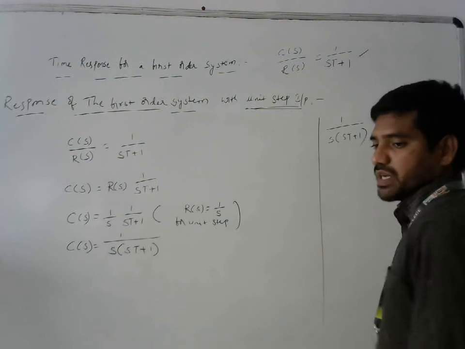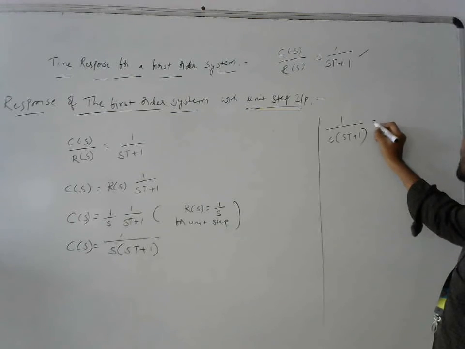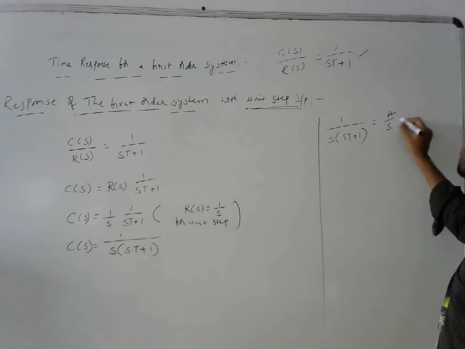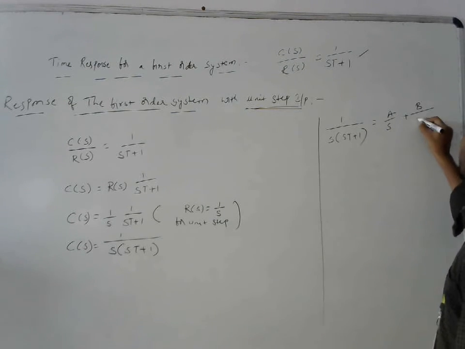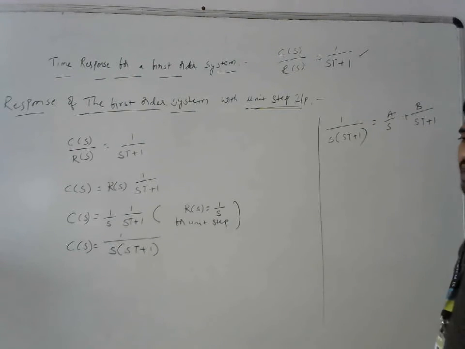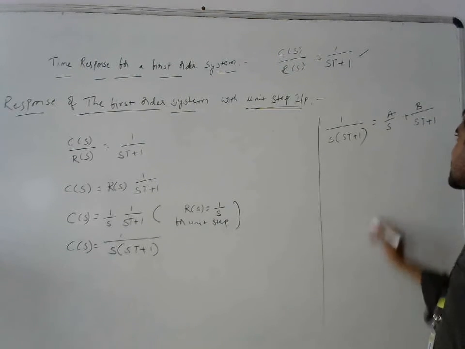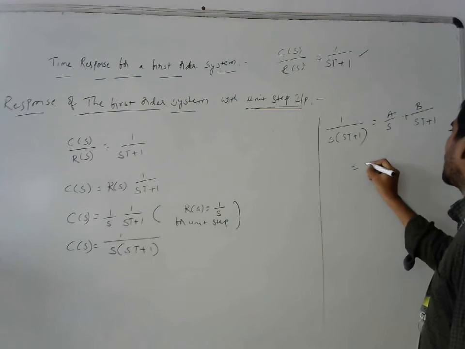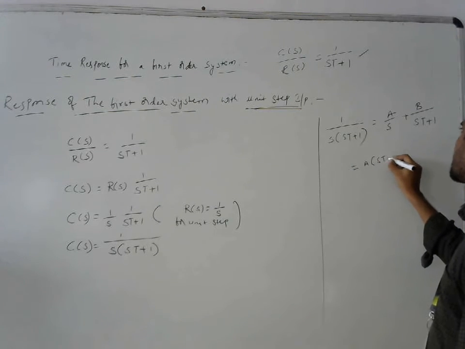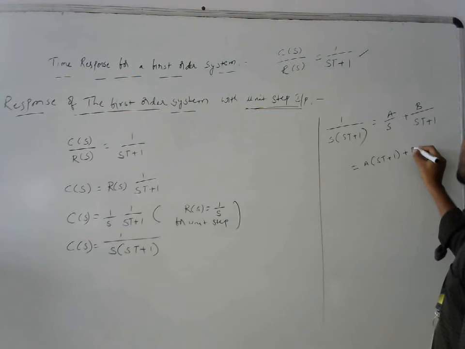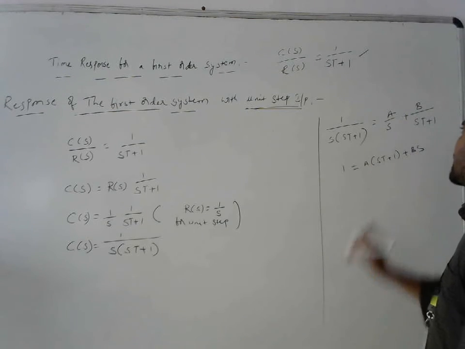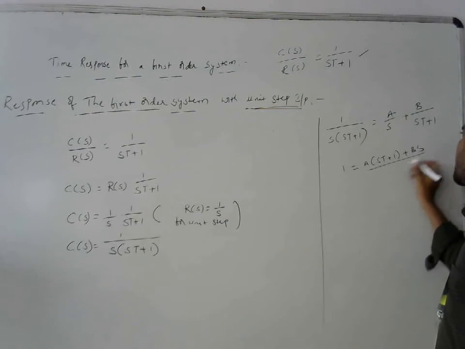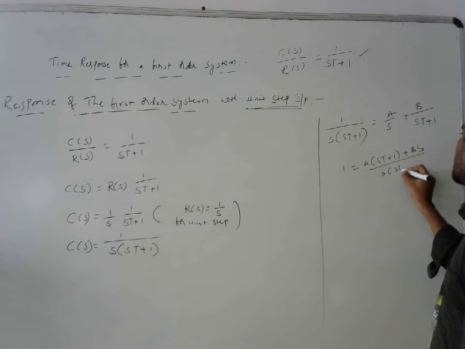I am going to split that as A by s plus B divided by (sT plus 1), using partial fractions. So if I equate, we get A into (sT plus 1) plus B s, which is equal to 1.